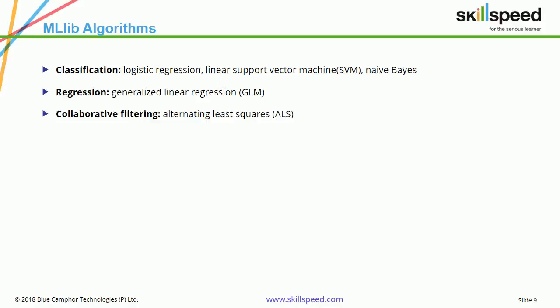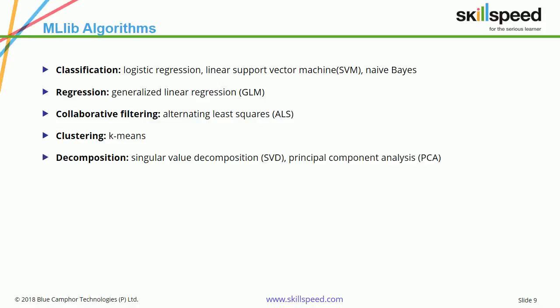Collaborative filtering is very much used for recommendation engines, and the most widely used algorithm is ALS, which is supported by Spark. If you look at clustering mechanisms, it supports the native k-means. And in decomposition, we have singular value decomposition, which is SVD, and principal component analysis, called PCA.